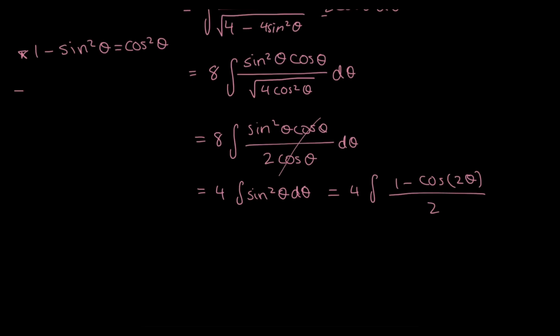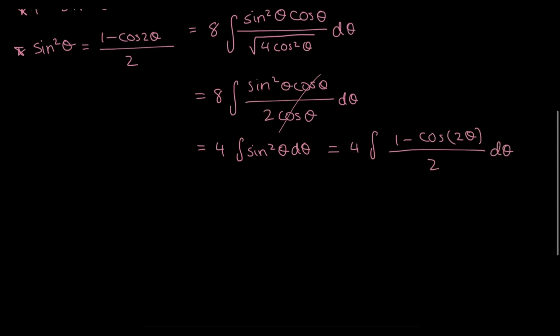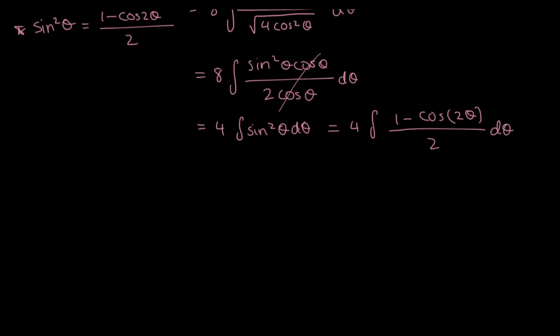I'm going to write this identity on the side here just in case you haven't seen it before. Sine squared theta, using the half angle identity, is equal to 1 minus cosine 2 theta over 2. Keep this in your trig toolbox because it will come in handy whenever you deal with these kinds of integrations.